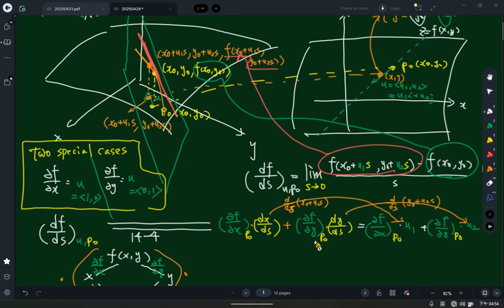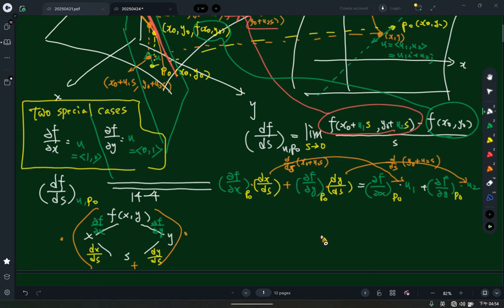Okay? Then we also can have another expression: partial f, partial x at p0 times i, plus partial f, partial y at p0 times j. So this expression is in vector form, right?